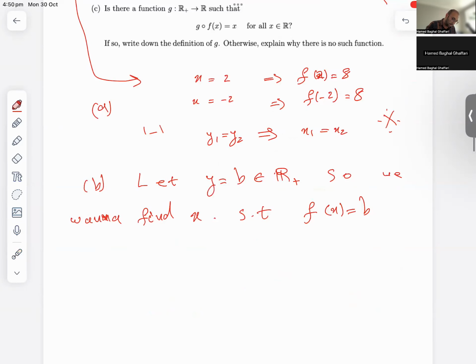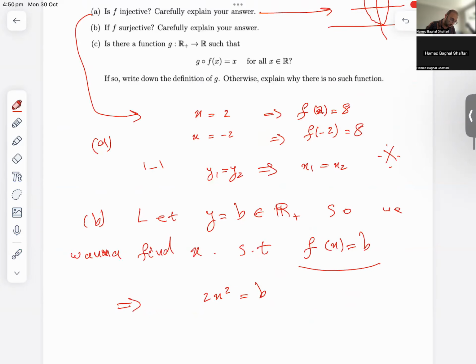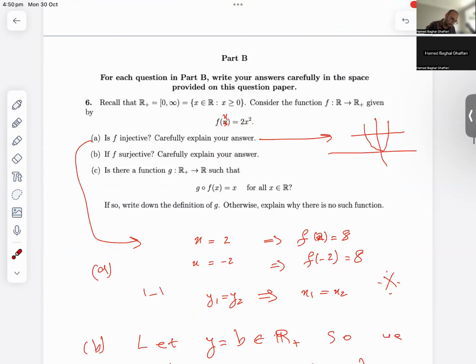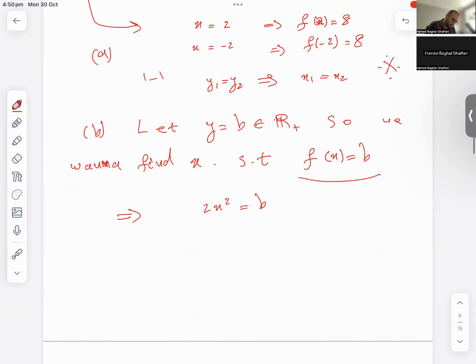So from here, we see that 2x squared will be b because of the definition here, you see that f of x is 2x squared. So from here, x will be plus or minus the square root of b over 2.